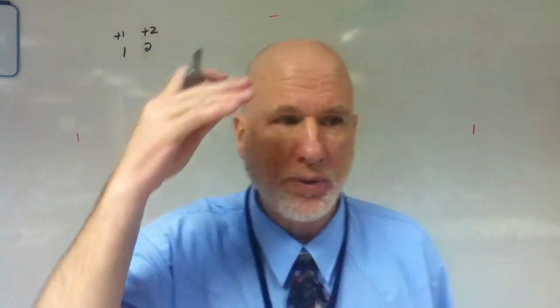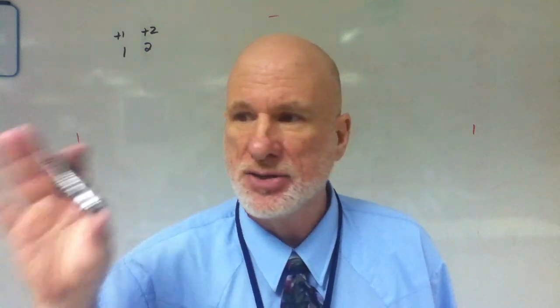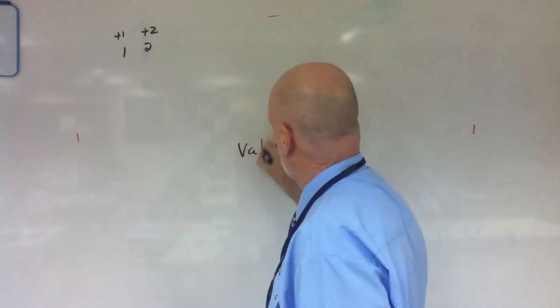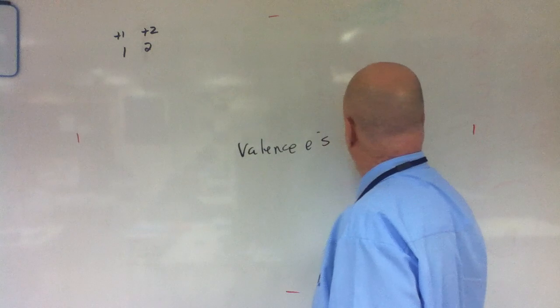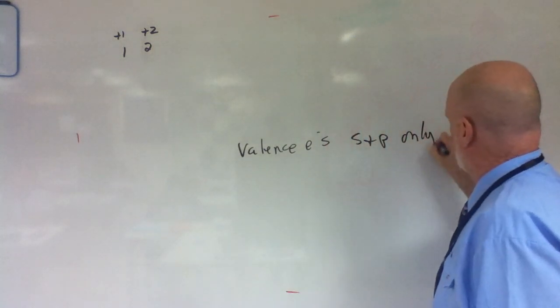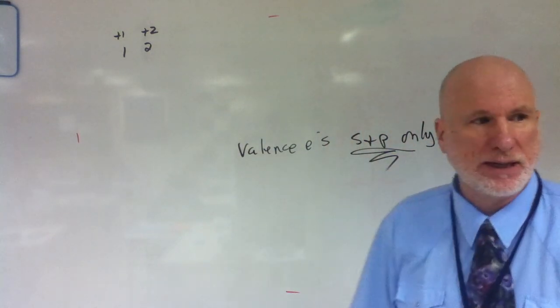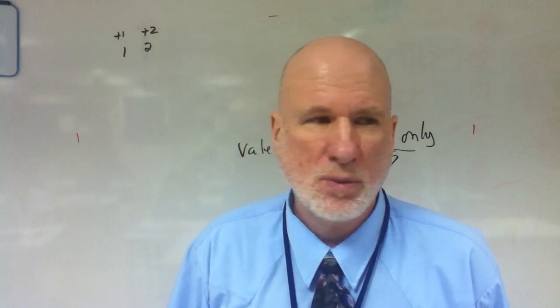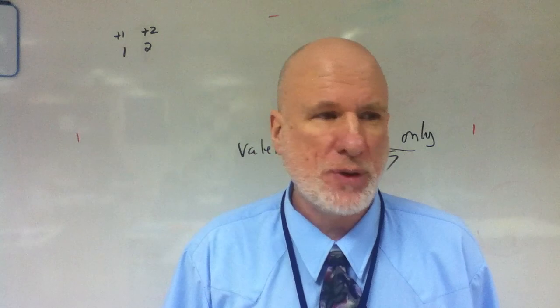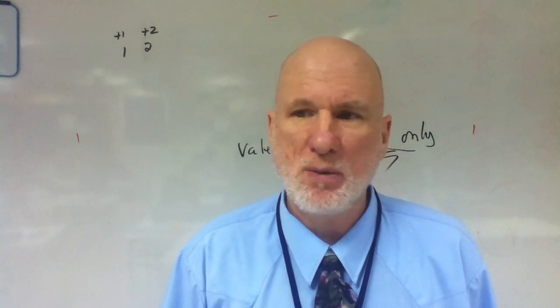Yeah. Also, we want to say this. Side note. The valence electrons are only S and P. Valence electrons, S and P only. Okay? Let's look at what's 2p1 and 3p1?